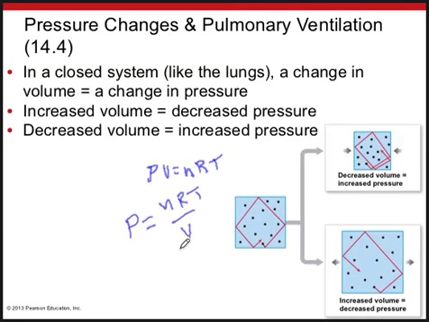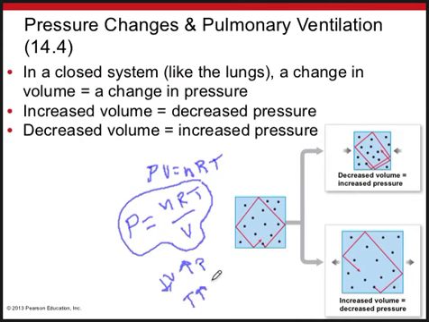And so what we see is that as the volume goes down, the pressure will go up. You can see that looking at this form of the equation. We can also see that as the temperature goes up, the pressure goes up. And we can also see that as the number of moles of gas goes up, the pressure goes up. Okay, so that's the perfect gas law. It takes all of those different gas laws and combines them into one.